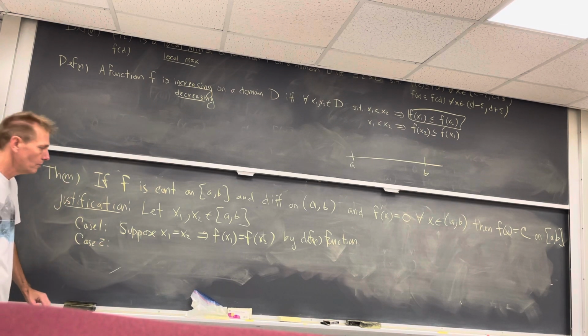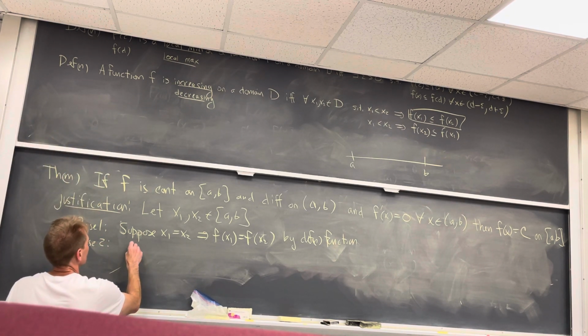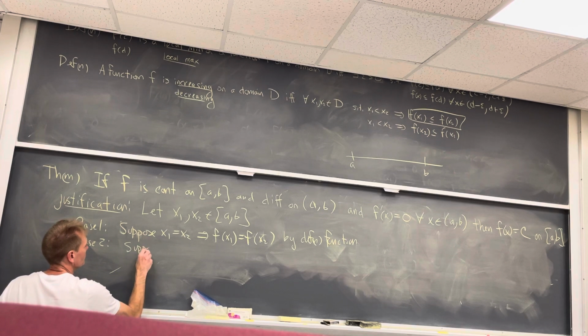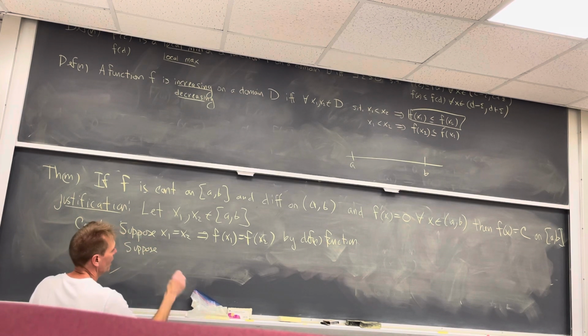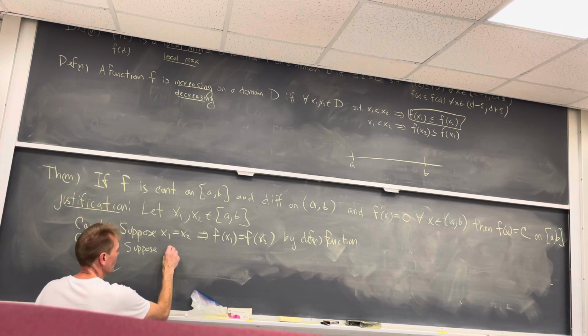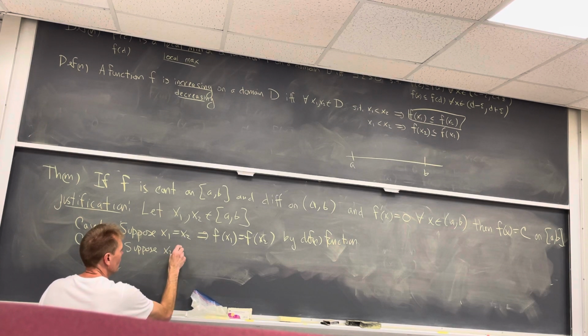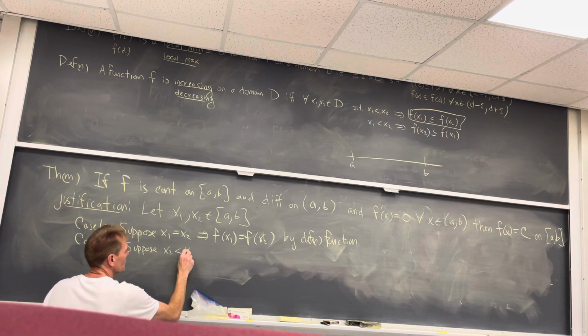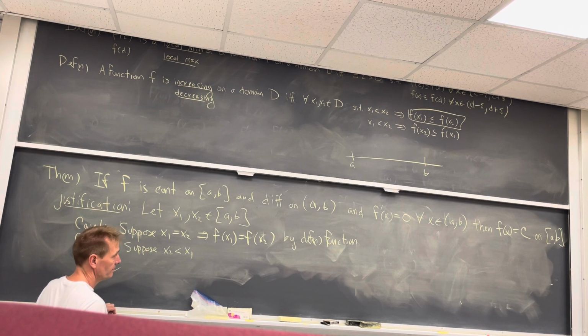So that case was pretty simple. Case 2, suppose, now I'll just do one. We had x1 less than x2, so I'll let you guys do that one. Suppose x2 is less than x1.